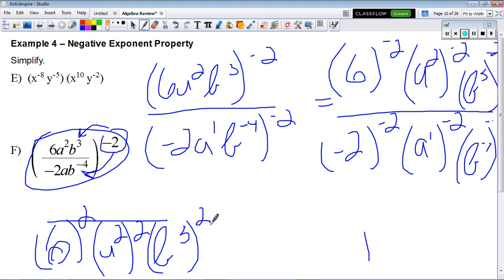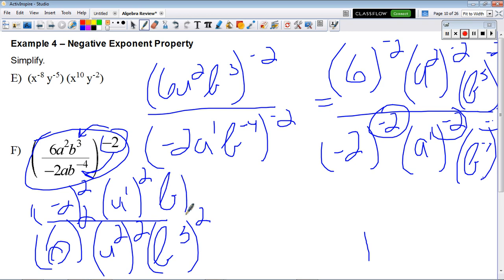And then I'm going to take all these negative powers and put them on the top. So I have negative 2 squared, and then a to the first squared, and then here at the end b to the negative 4 squared.